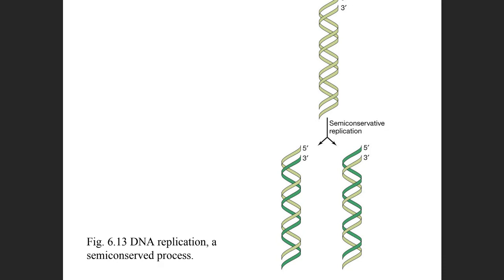This is to show you the parent in the light color, and then when replicated, one copy goes to one daughter, right? And so each of the daughter cells gets a copy, and then a new one gets made. So that's the important concept. It's semi-conservative replication.